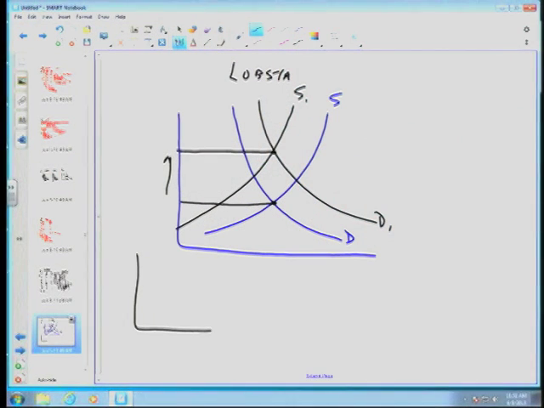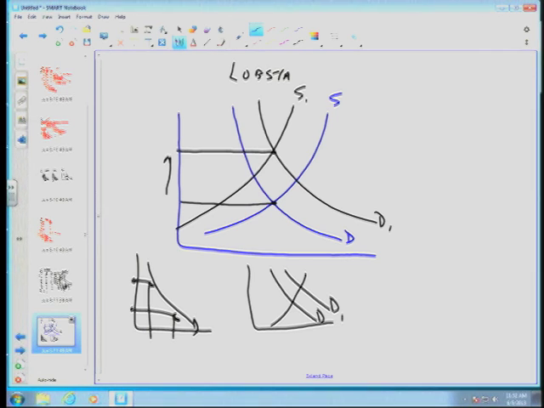In other words, if this is the demand curve for lobster and the price of lobster changes, we're going to move from one point on the curve to the other. The whole curve is not going to shift around, all right? So a change in price will not shift the curve, but a shift of the curve will change price. If this good becomes more popular, at every price we want more, and the price will in fact rise.